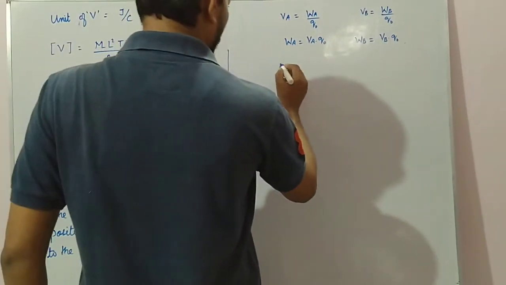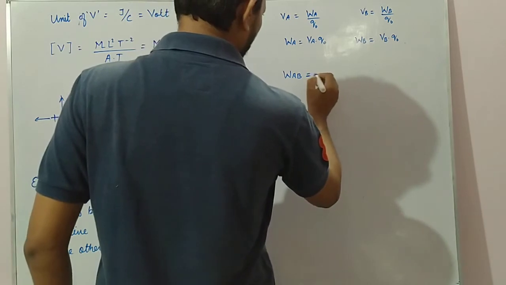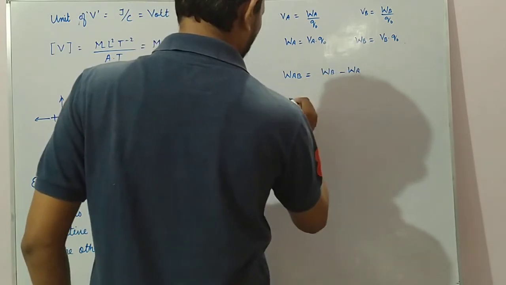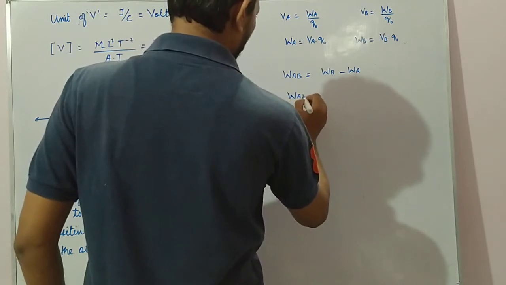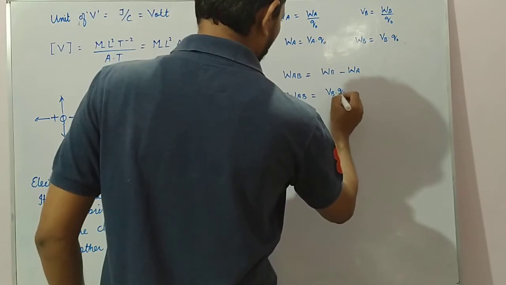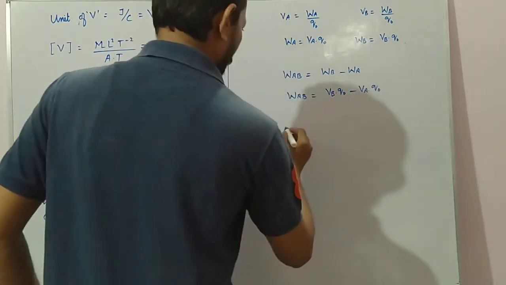Now, work done from A to B, that is WAB, is equal to WB minus WA. So work done from A to B, that is VB into Q naught minus VA into Q naught.